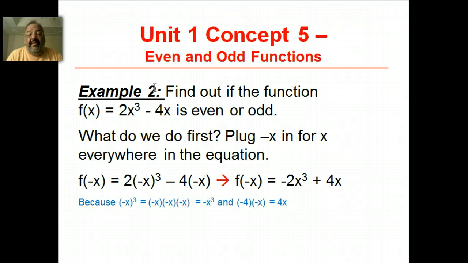Now, you know that if you have negative x times negative x times negative x, you're going to get negative x cubed. Don't forget stuff like that. If you have an even exponent, it's going to be positive, and if you have an odd exponent, it's going to be negative.